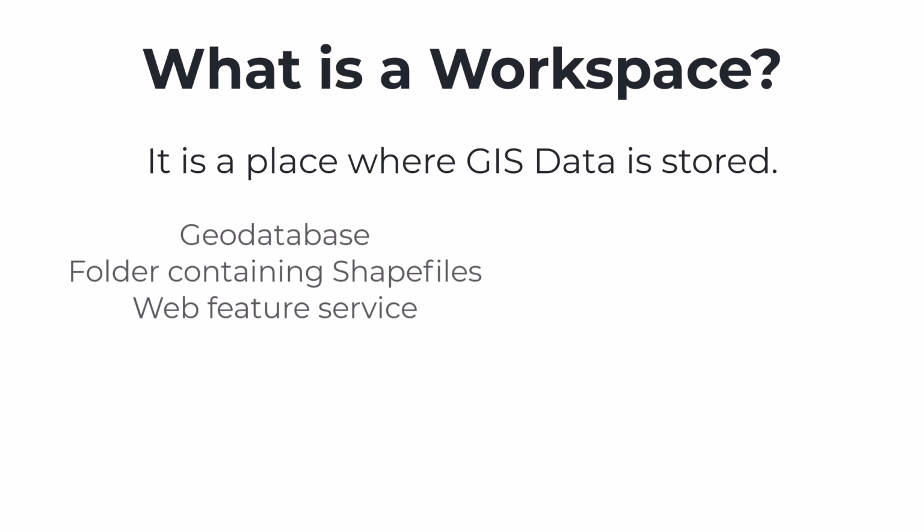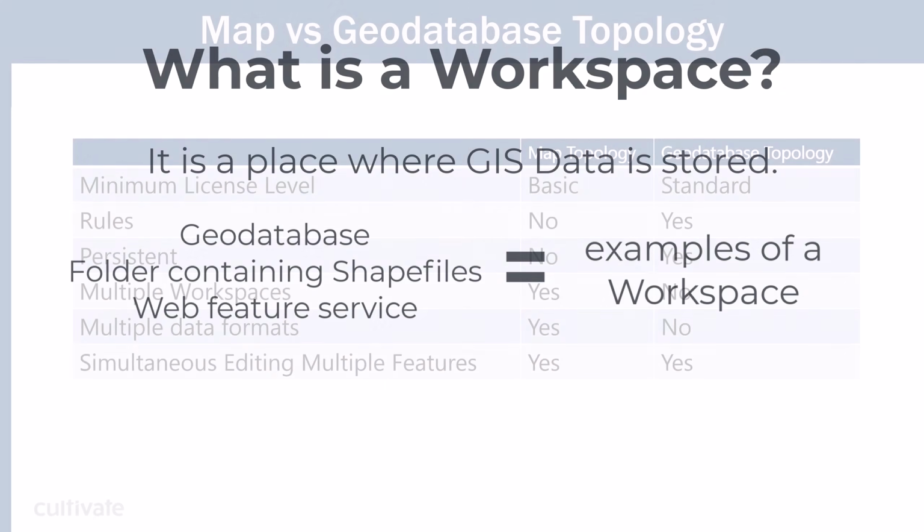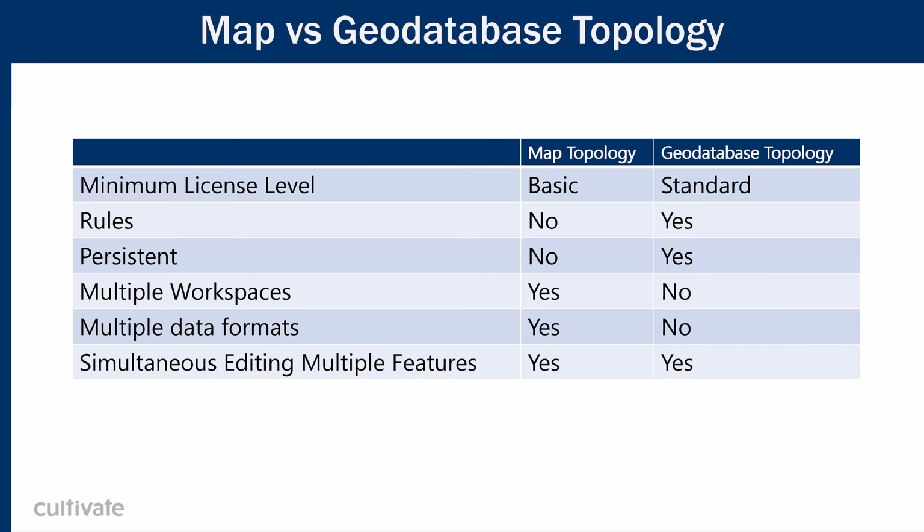That can be a geodatabase, that can be a shapefile, that can be a web service. Any of those things are considered a workspace. So a map topology can be used to edit features that are in any of those types of workspaces, be it shapefile, web feature service, or a geodatabase.